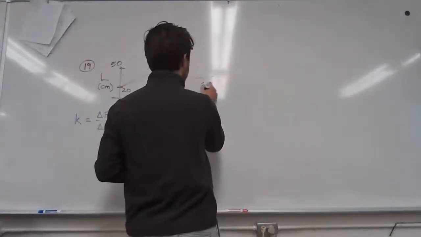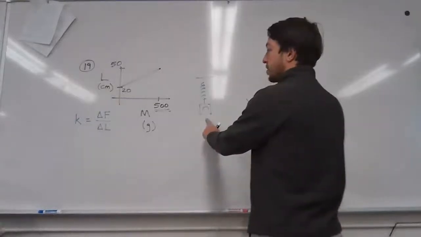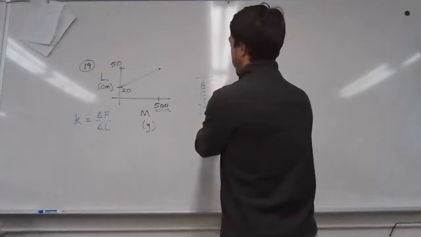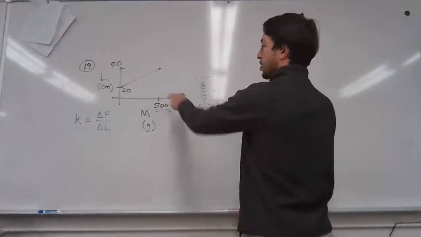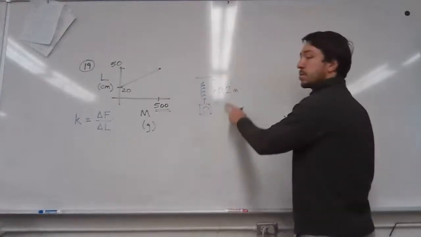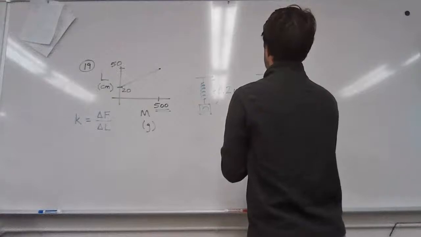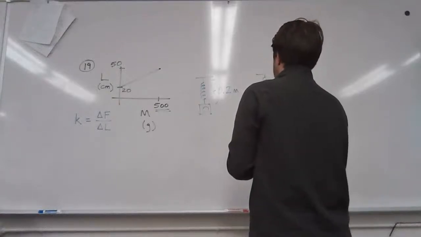You could say, when there was 0 kilograms, what was the length back when it was 0 kilograms? I'm going to say 0.2 meters. Does that make sense? There's the before. Here's the spring all stretched out.